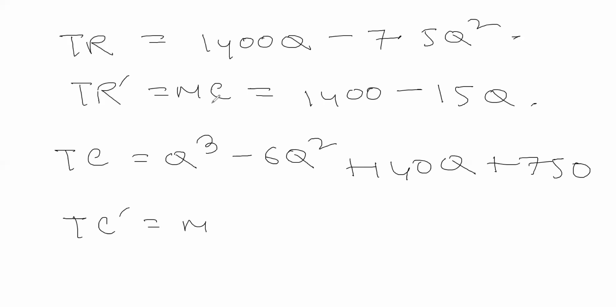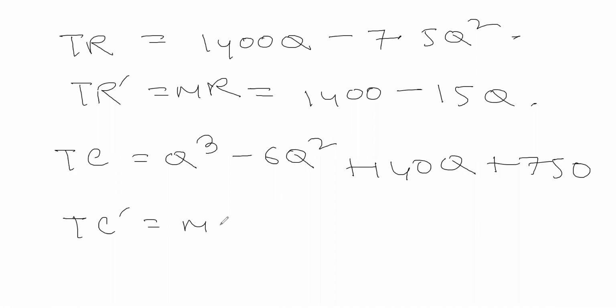I have mentioned MC in the previous one. It shouldn't be MC, rather it should be MR. Please correct it here, it should be MR, because by differentiating total revenue, we can only get marginal revenue, and we can never get a marginal cost. I'm extremely sorry for this mistake. Okay, take a note, correct it.